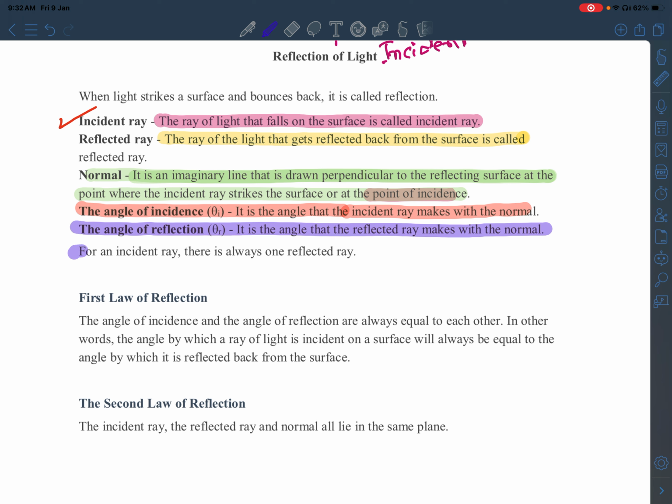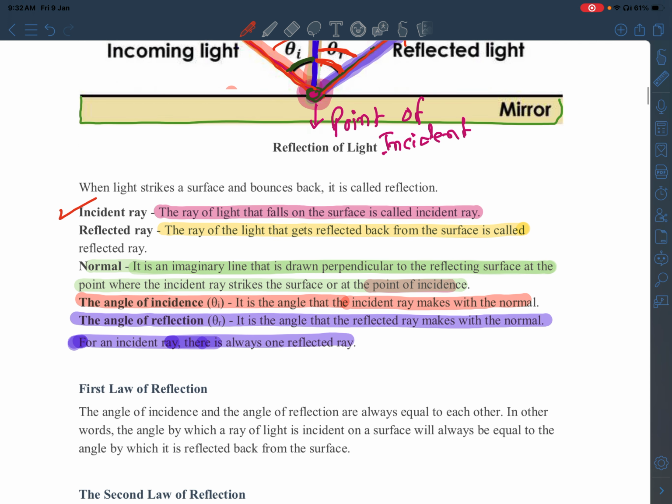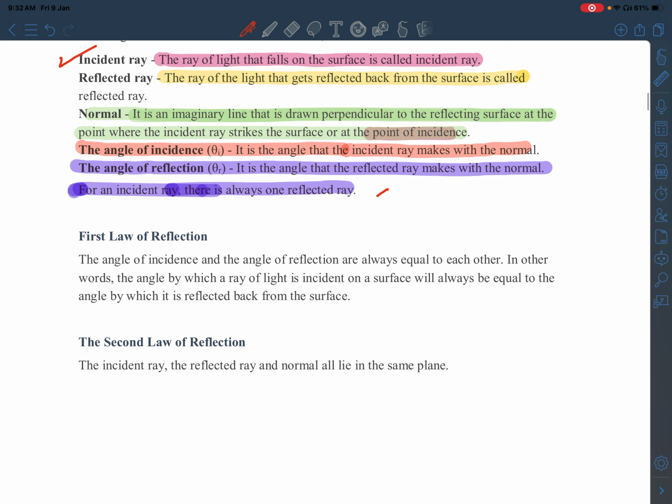Here you can see the reflected ray, and the angle formed between the reflected ray and the normal is called the angle of reflection.